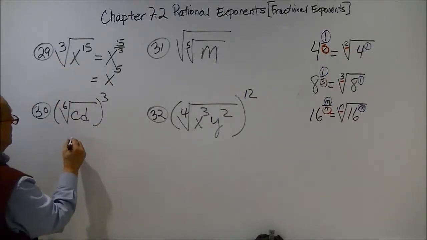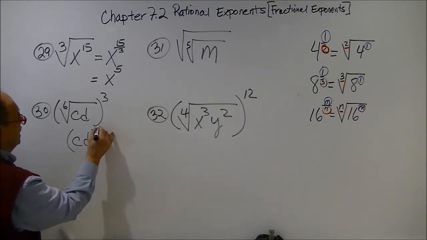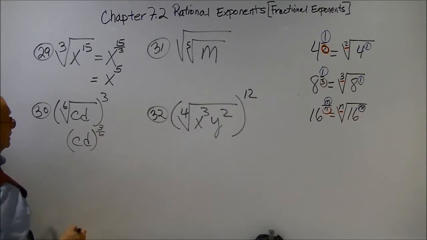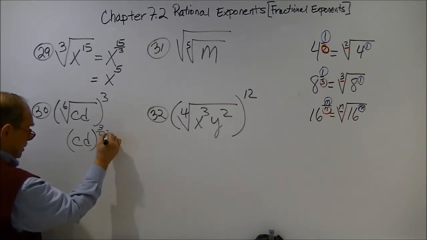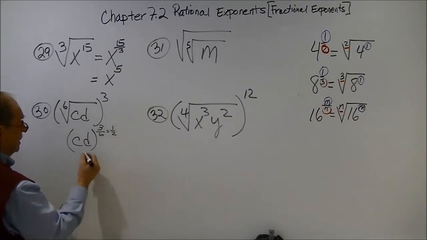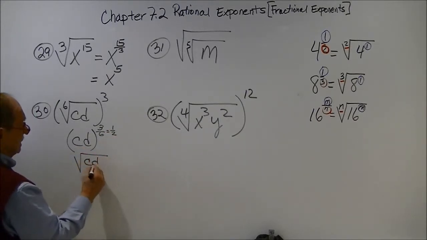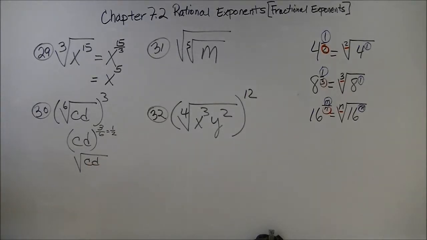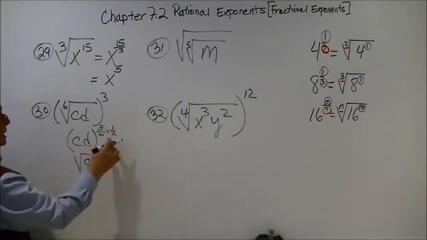So this is going to become CD to the 3/6, and the 3/6 reduces to 1/2, so then this just becomes the square root of CD, or CD to the 1/2 power.